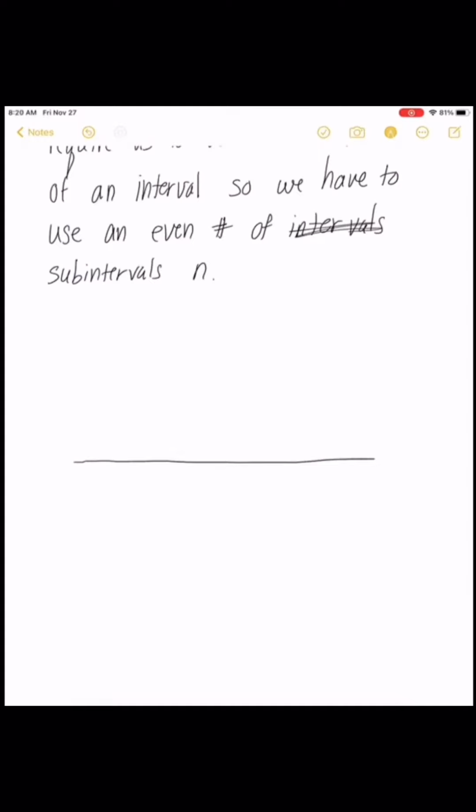If I have my interval from a to b, so we have 1, 2, 3, 4, 5, 6 subintervals here. We're going to have to apply it on pairs of intervals.